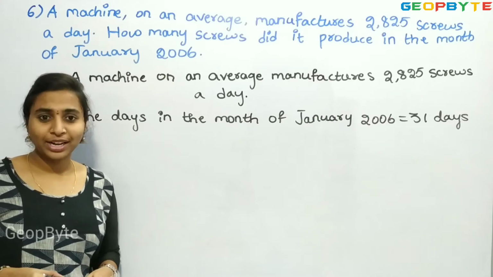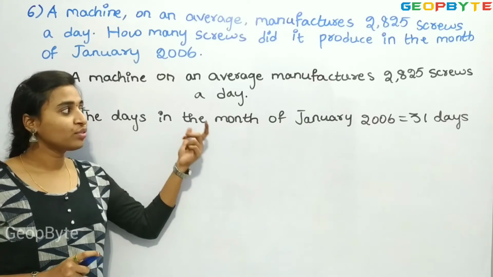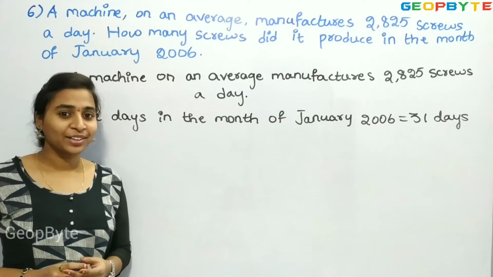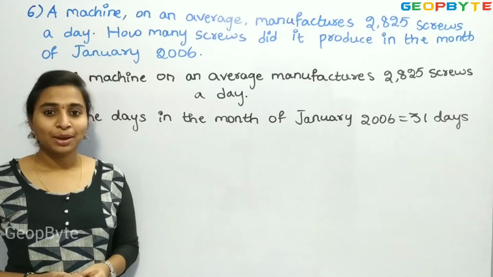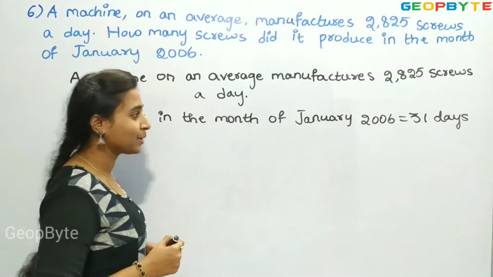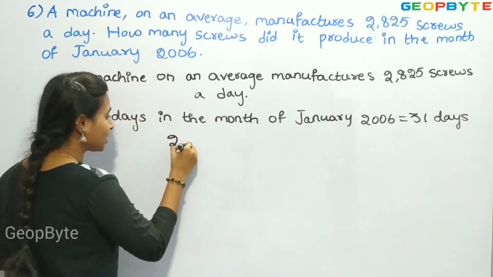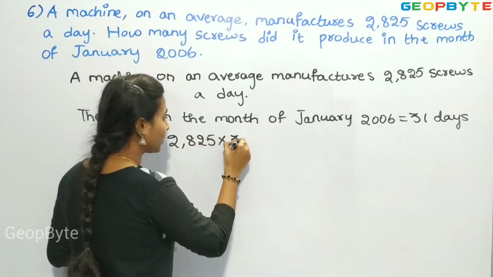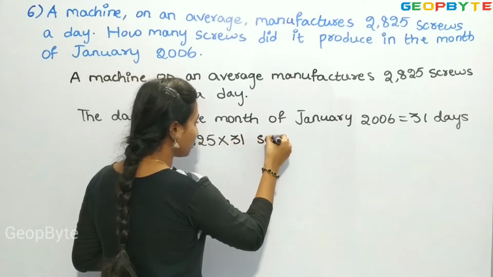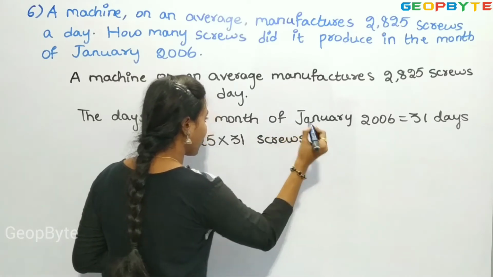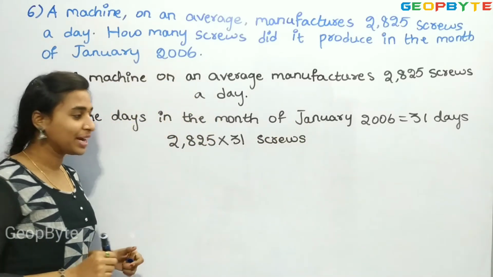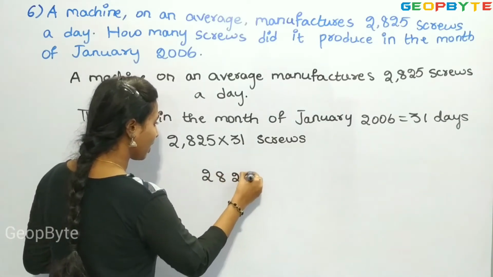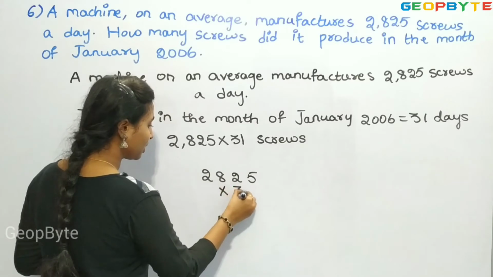So if we multiply the number of screws manufactured per day by the number of days, we will get the total number of screws manufactured in that month. That is 2,825 into 31 screws. Right? So let us multiply 2,825 into 31.